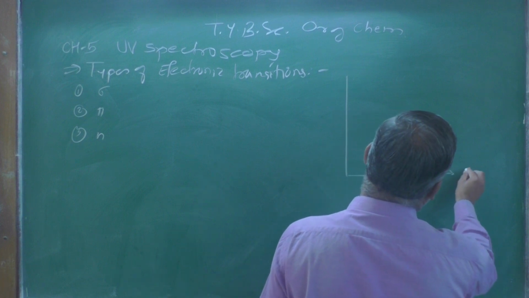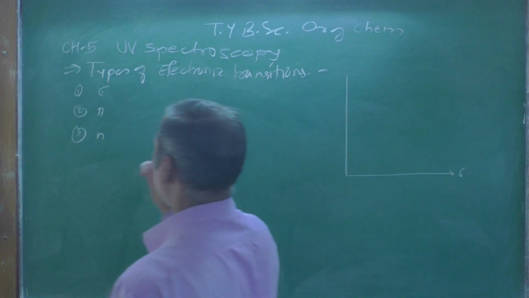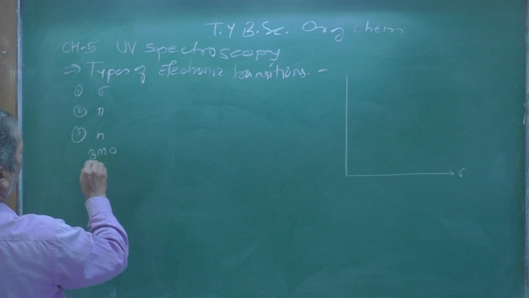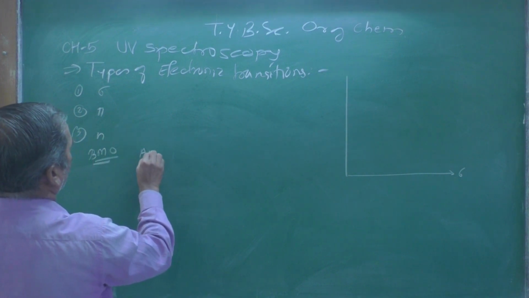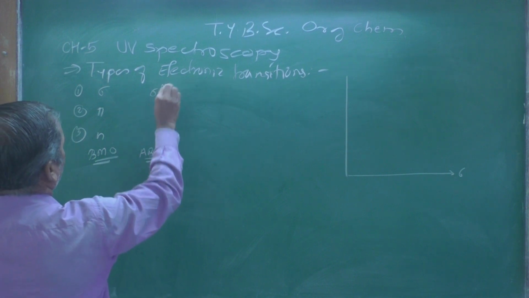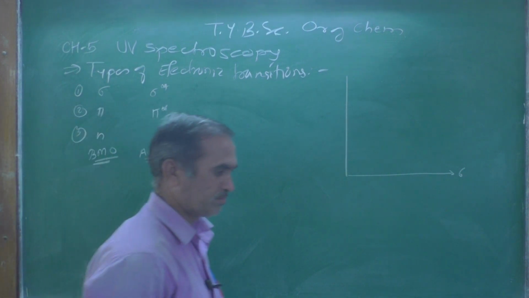Here we can call it a sigma electron, and as we know this is a bonding molecular orbital where the electrons are present, and in the anti-bonding molecular orbital the electrons are present, sigma star and pi star.